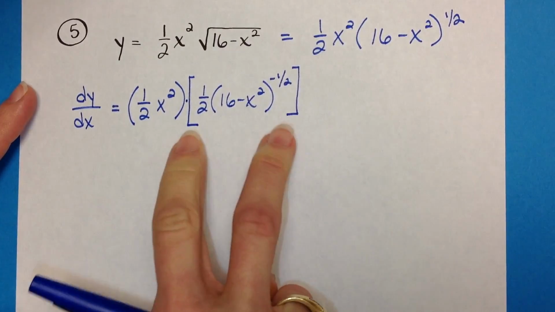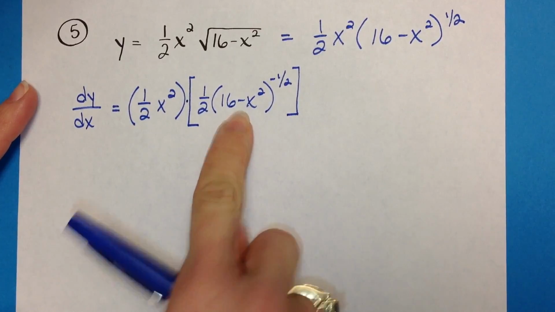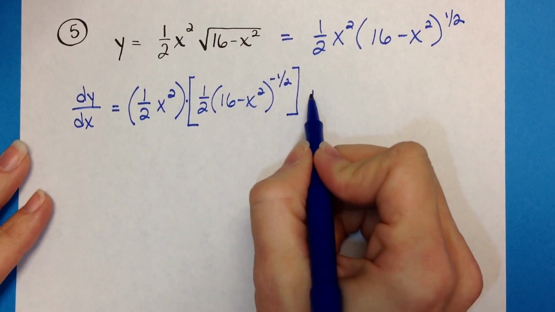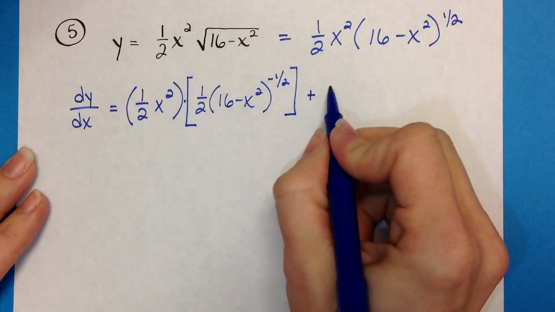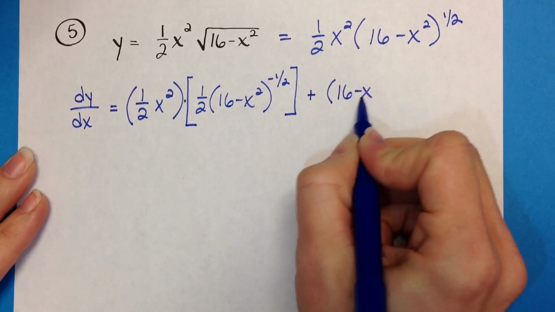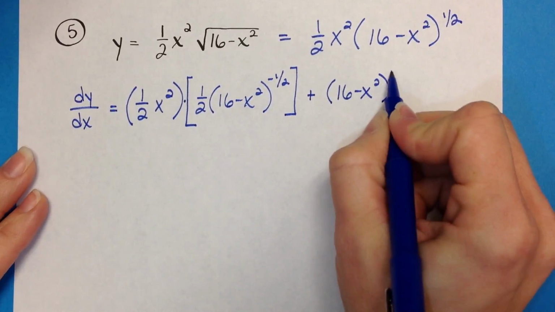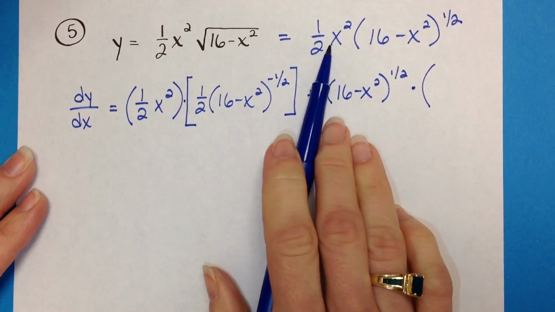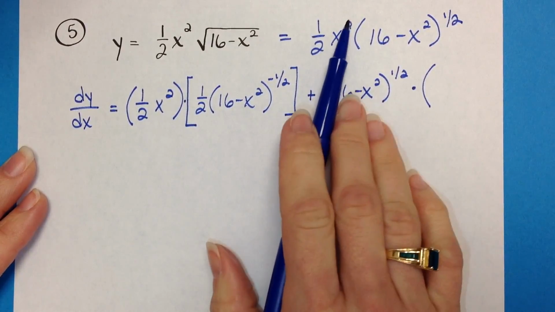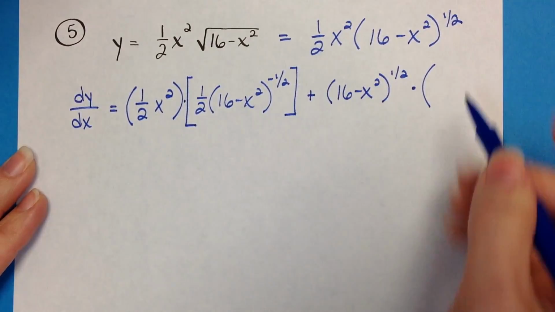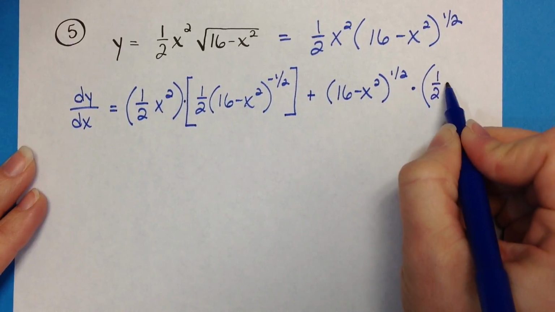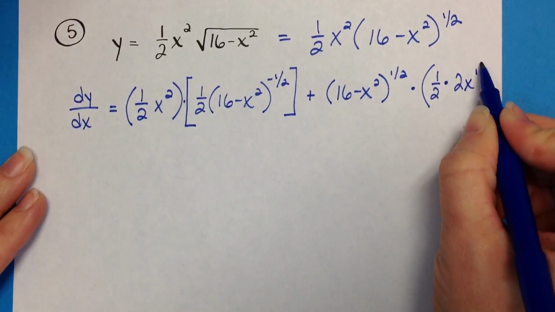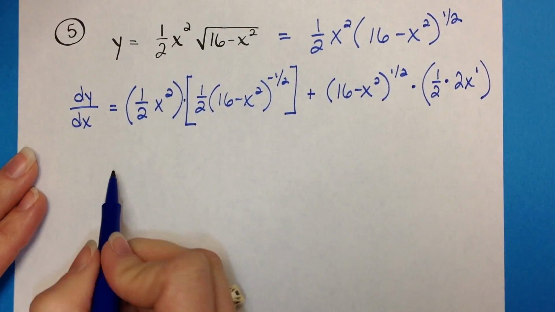And I just switched over to putting all that in a bracket because I knew I'd have another set of parentheses there. Okay, plus, so now you take your second function times the derivative of the first. So we've got to do the derivative here. So I would have the 1/2 is a constant multiple, so I'd have 1/2 times 2x. Of course, that would drop to the 1st power.